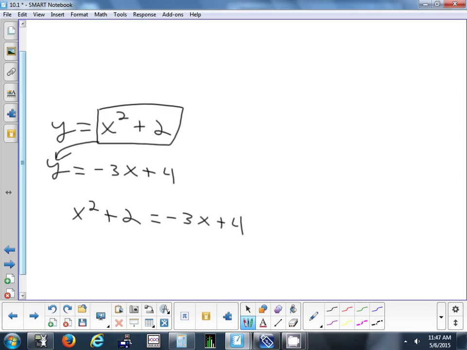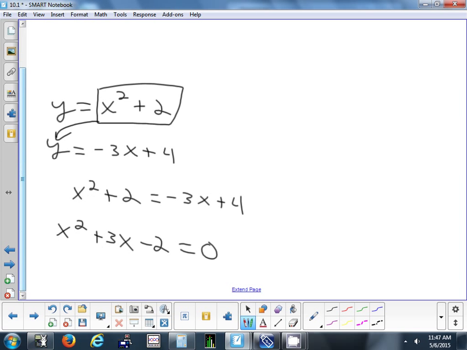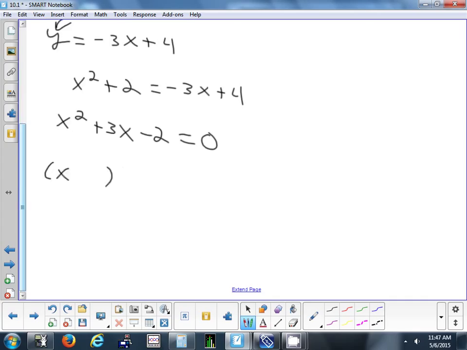Victoria, what kind of equation is that? Quadratic. Yeah, it's quadratic. Good. Highest exponent is a 2. What I would do is put everything on the left-hand side. So you get x squared plus 3x minus 2. And will that factor? We can try.